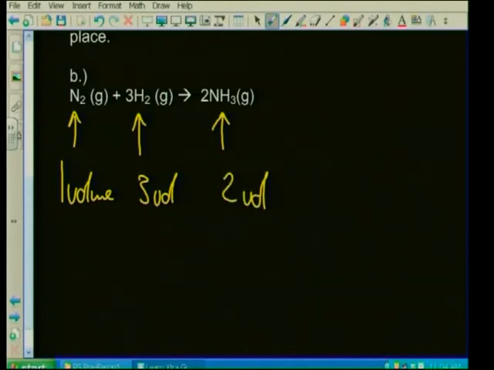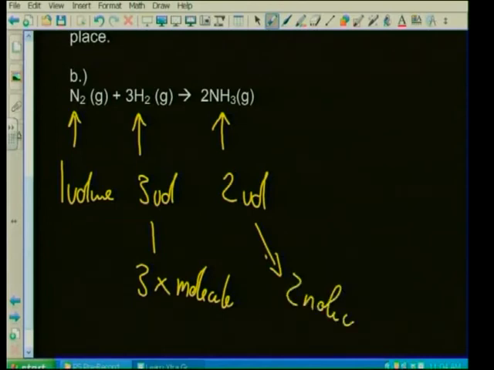That number in front tells us the number of volumes or the number of molecules. What we're saying is that we've got 3 times the number of molecules here. We've got 2 times the number of molecules here, and 1 times the number of molecules.